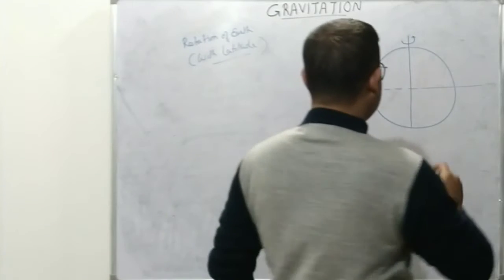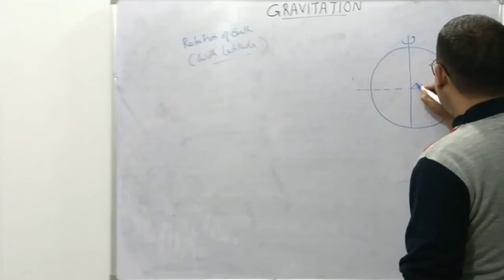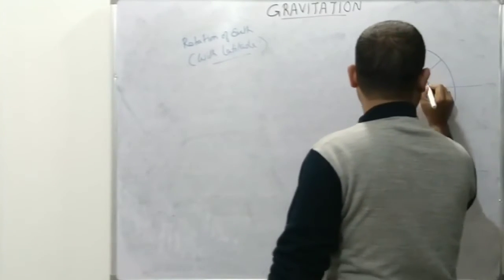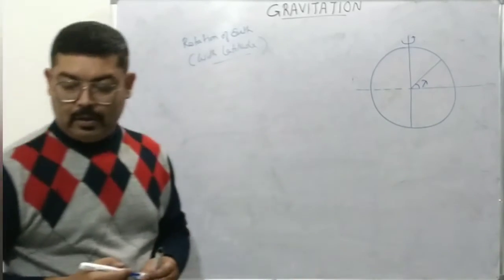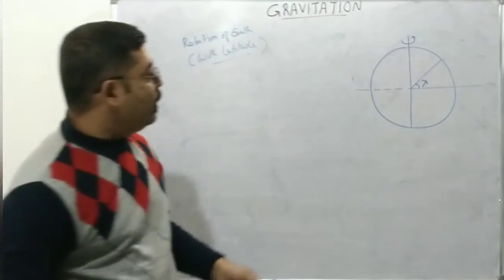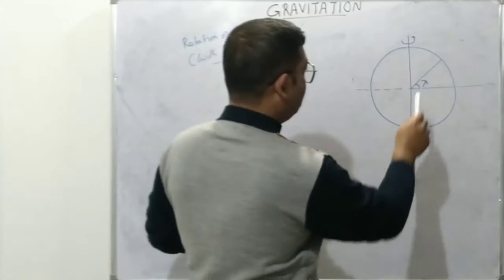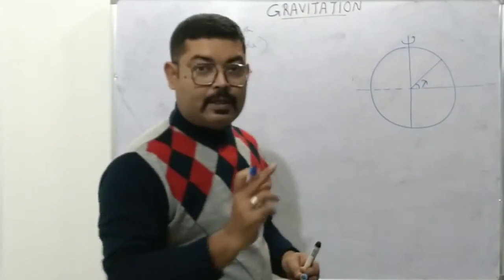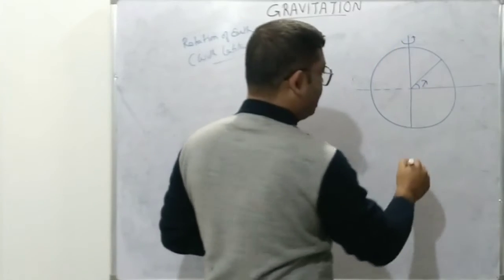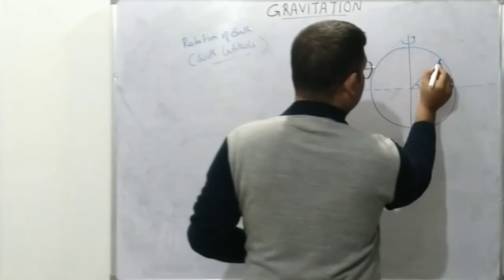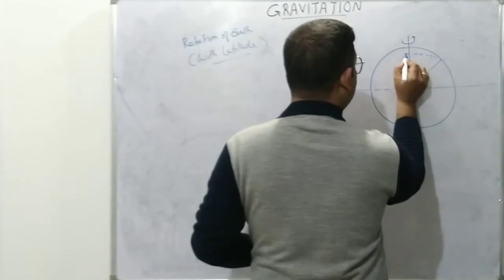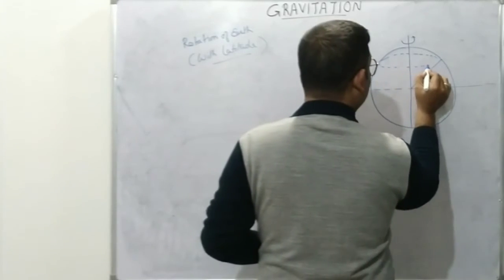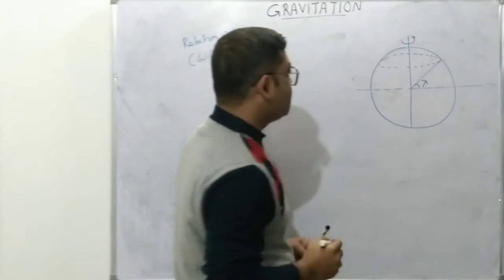For that, we will consider a point at a certain given latitude, say lambda angle. Now, if I consider this point, it will be traversing a circular path about Earth's axis, right? So it will be moving in a circular path like this.